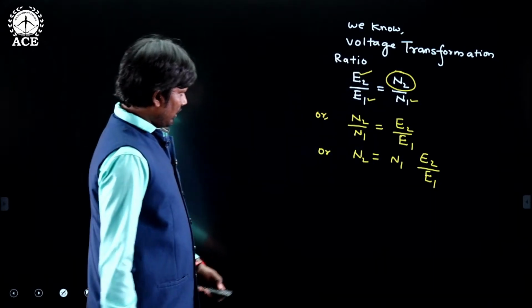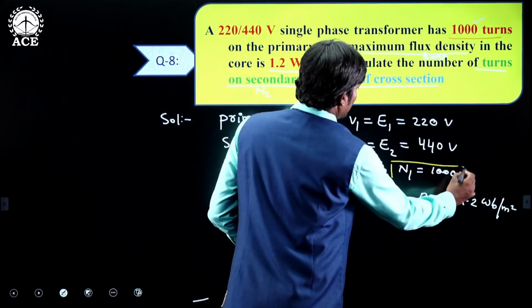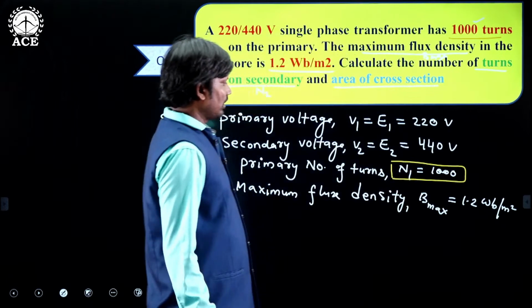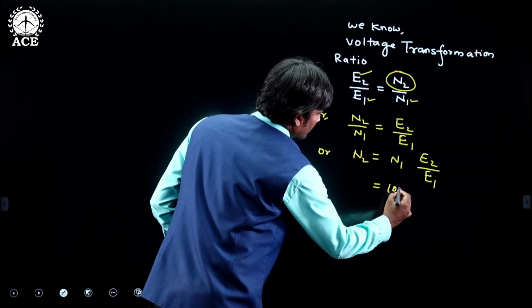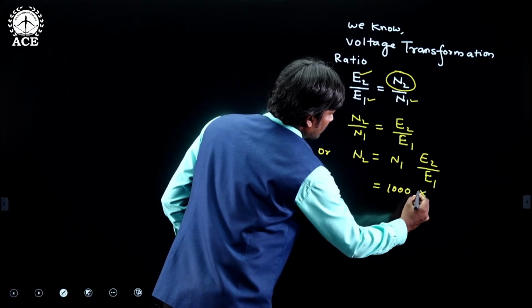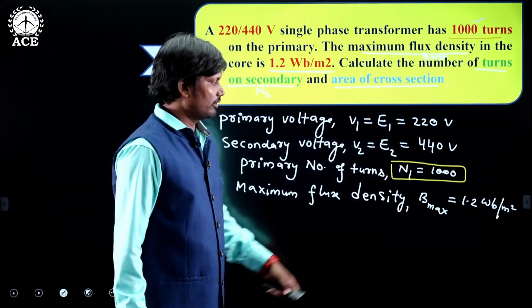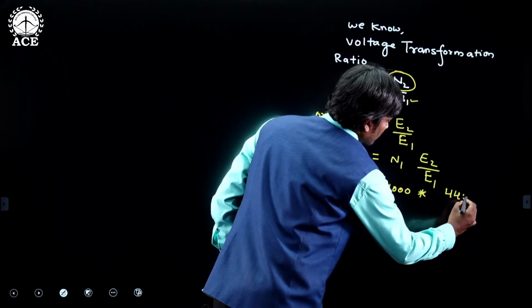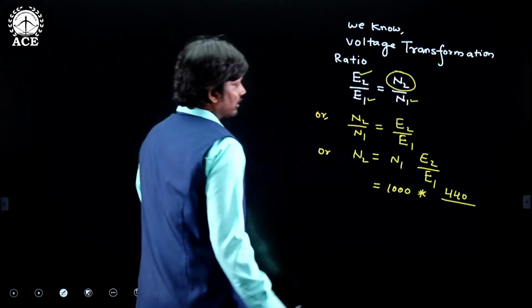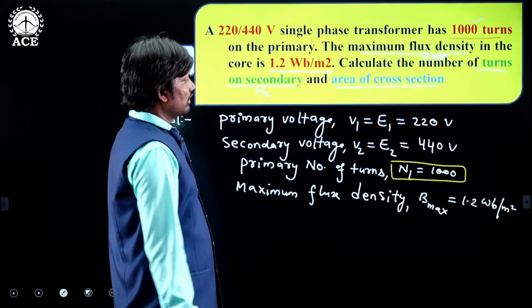What is the value of N1? N1 is given here, 1000 number of turns. E2, how much E2 is given? E2 is 440. E1 is 220.